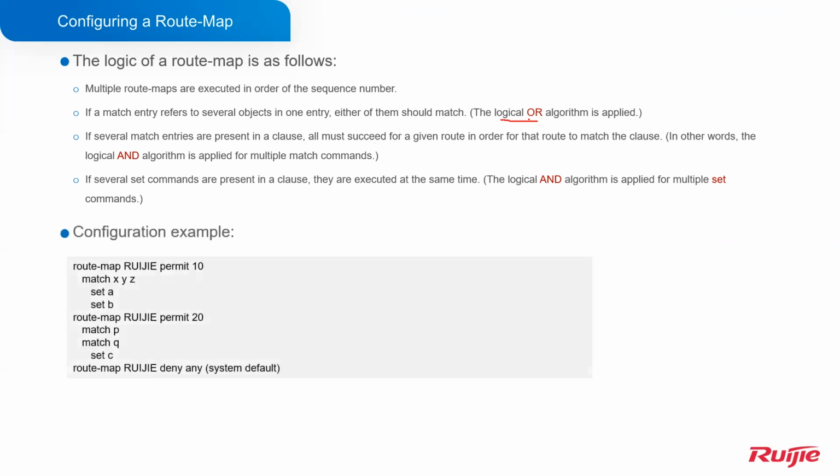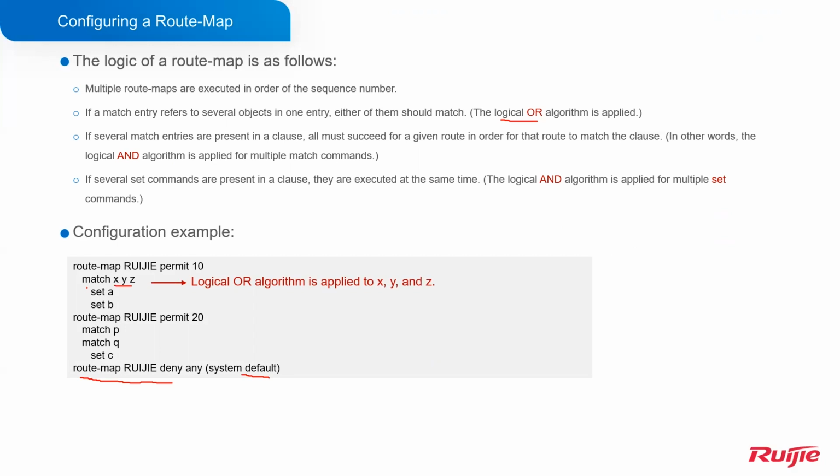Let's see an example. Route map Ruijie permit 10, match X Y Z, set A, set B. Route map Ruijie permit 20, match P, match Q, set C. And route map Ruijie deny any. This command doesn't need to be configured because it's a default. It's system default configured. What we should know is the relationship between X, Y, Z, and the relationship between set A, set B. Between X, Y, Z, a logical OR algorithm is applied.